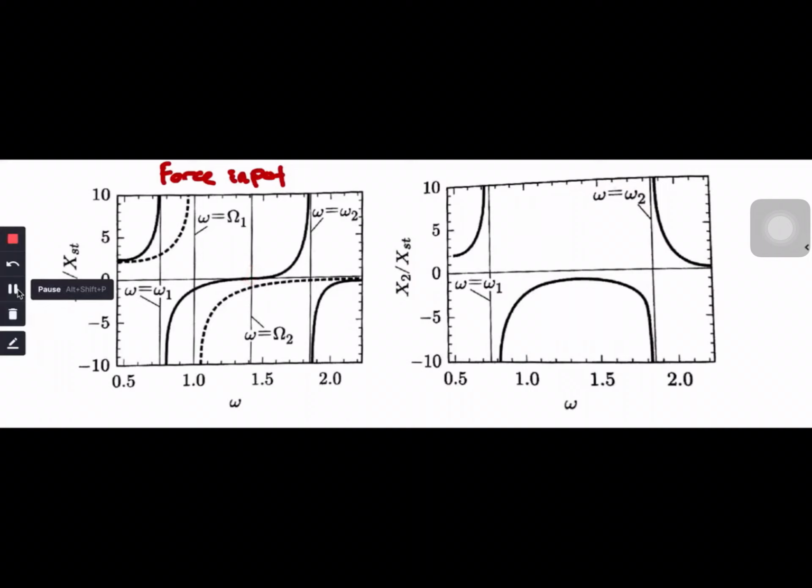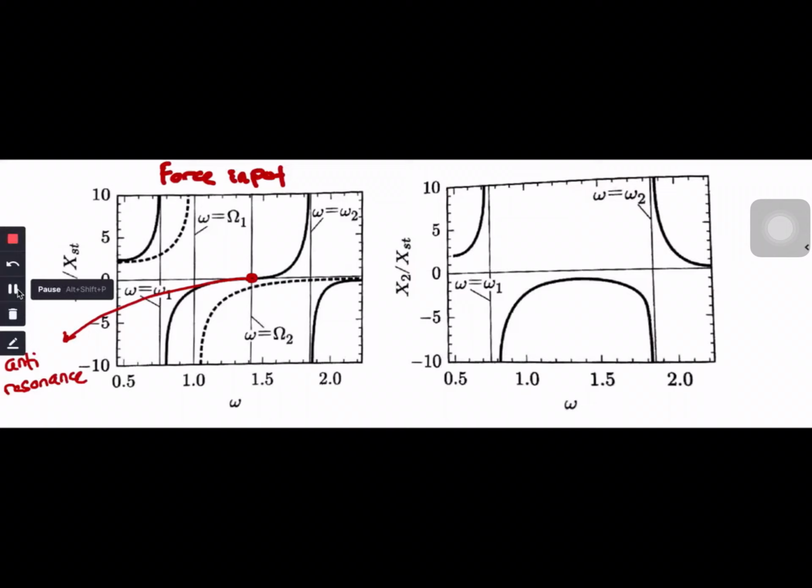This is called anti-resonance. This point over here, where the ratio between X1 and Xst is equal to 0, is called anti-resonance.